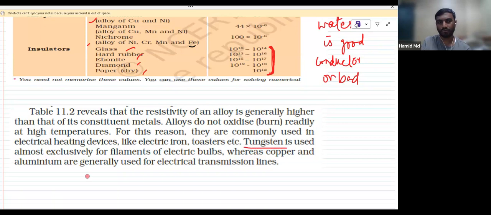Tungsten is used almost exclusively for filaments of electric bulbs, whereas copper and aluminum are generally used for electrical transmission lines. Got the point? So these are the important points. Okay, tungsten. Yes, sir. So write down these points. These points may be asked in the exam directly.